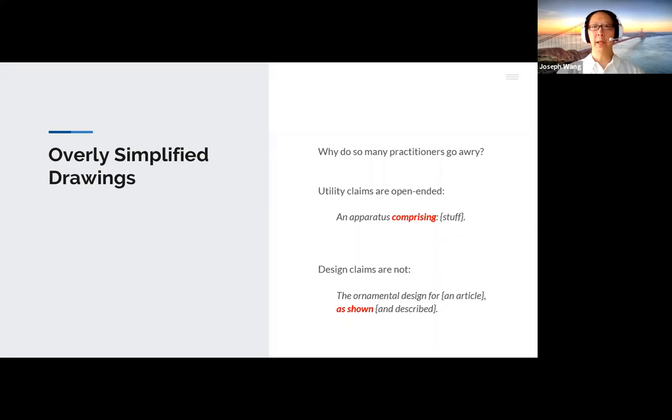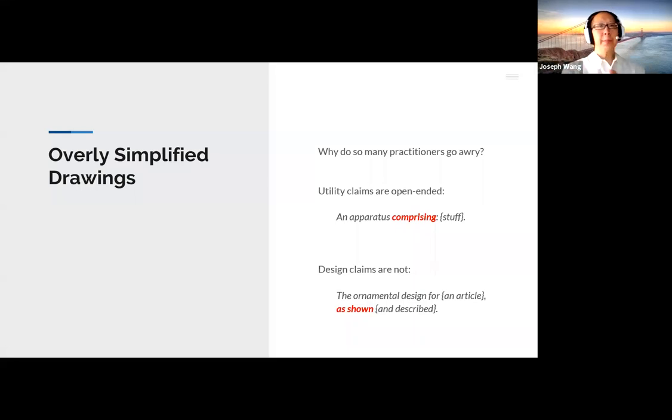And unfortunately, a lot of times these errors are actually fatally defective, dooming a design application, potentially to the point where it cannot ultimately get any rights at all. So, in hopes of helping you folks out there avoid these things at the outset, we want to bring these common mistakes to your attention.